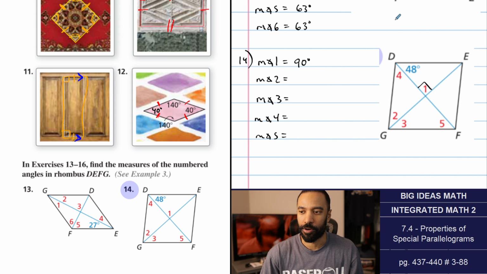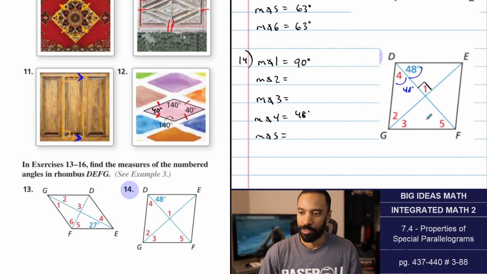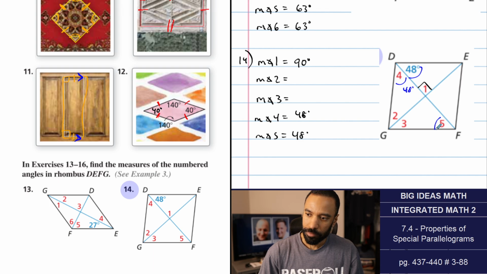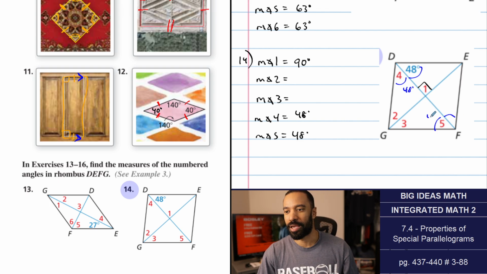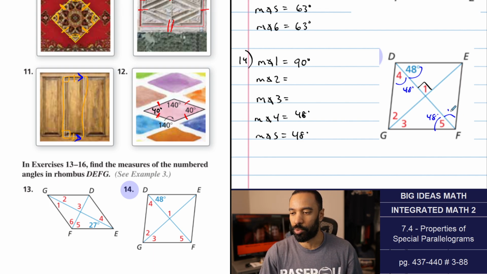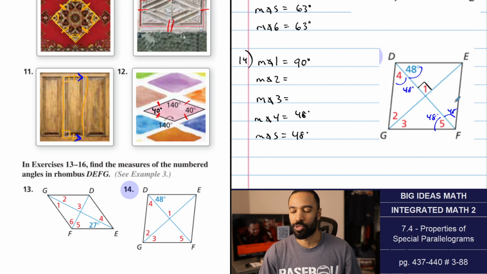Okay, measure of angle 4 is also going to be 48 degrees, like that guy. So this guy's 48 degrees here. Now, 5 was also then 48 degrees, because remember, diagonals bisect the angles and opposite angles are congruent. So those are all 48, right?